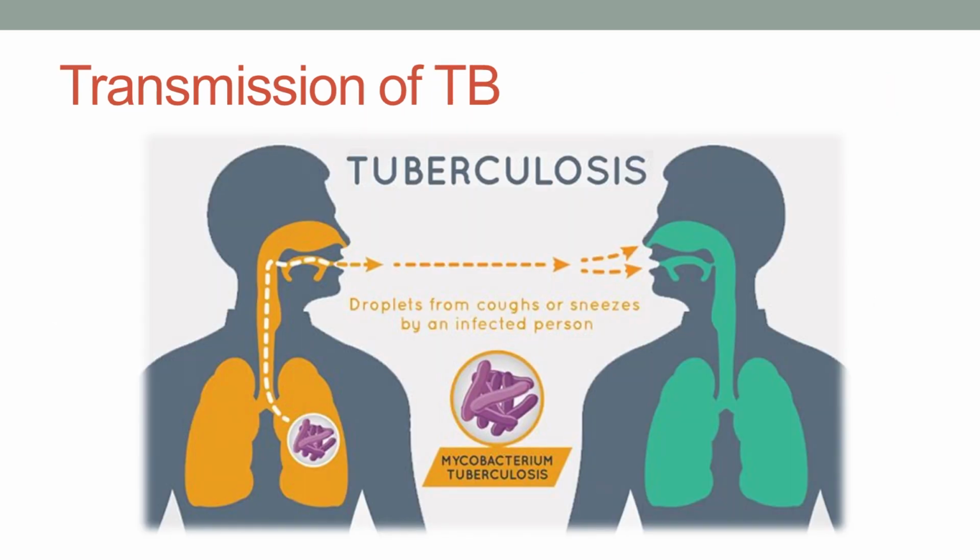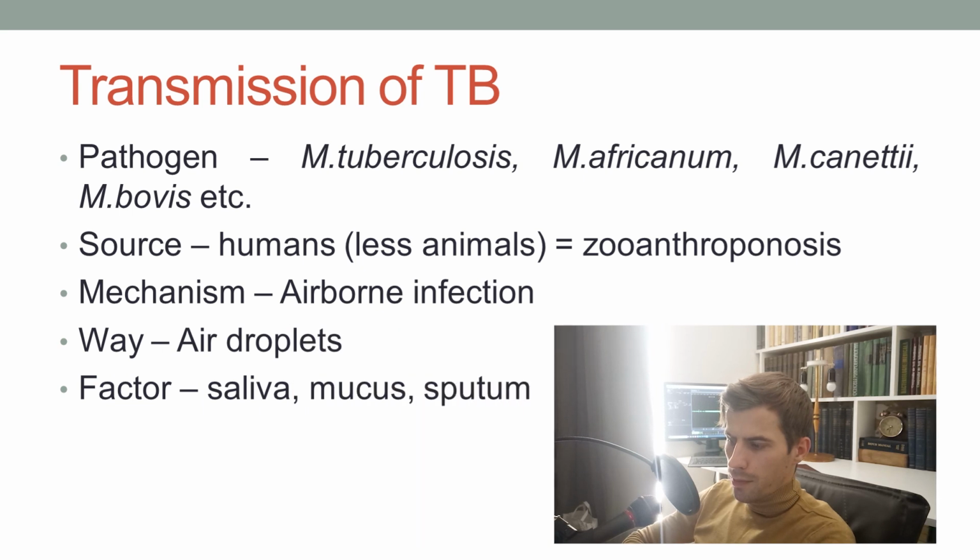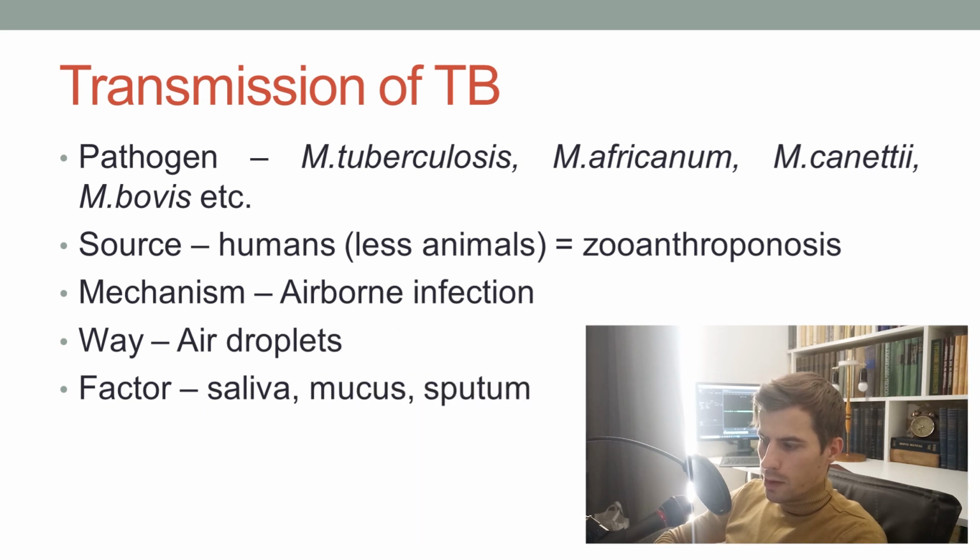Transmission of tuberculosis is well known. Probably every person you ask about how this infection is transmitted will answer that it is an airborne infection. So, the pathogen is Mycobacterium tuberculosis or others.